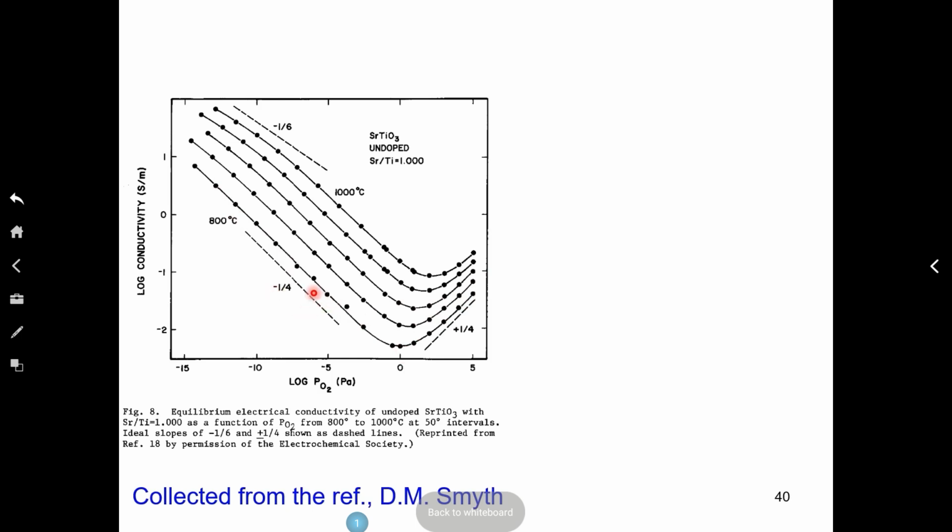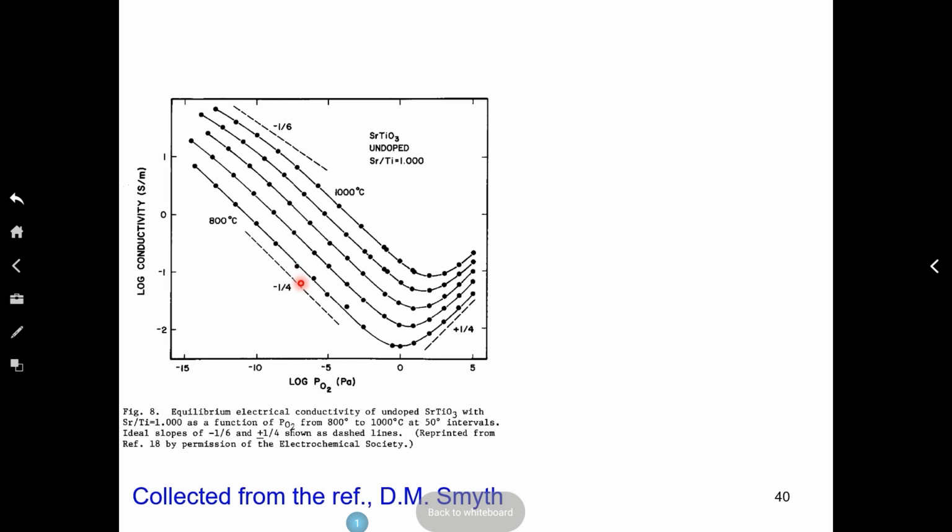And interestingly at low temperature, so this is 800 degrees Celsius, the PO2 exponent is -1/4. Our calculation predicted -1/6, which happens at high temperature. You can see that the 1000-degree data looks more like -1/6. But the low temperature data, -1/4.